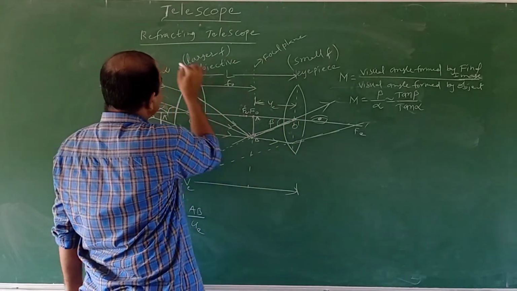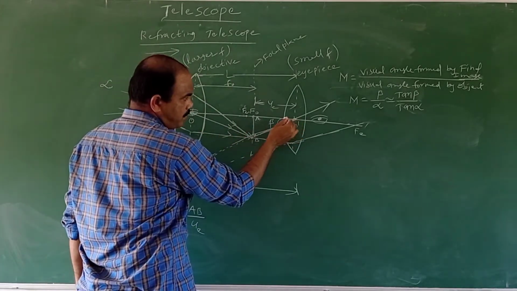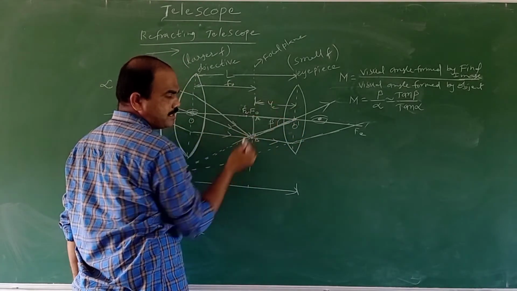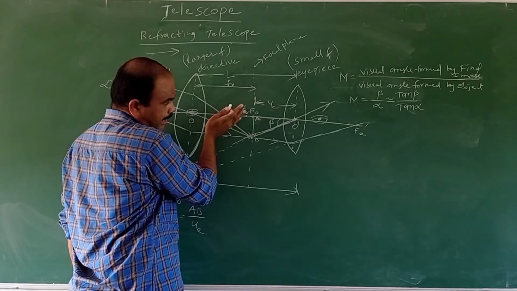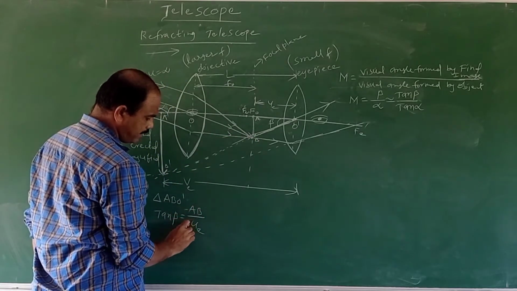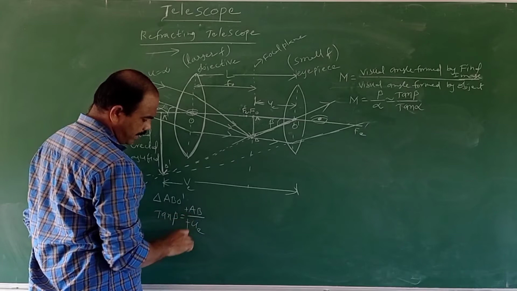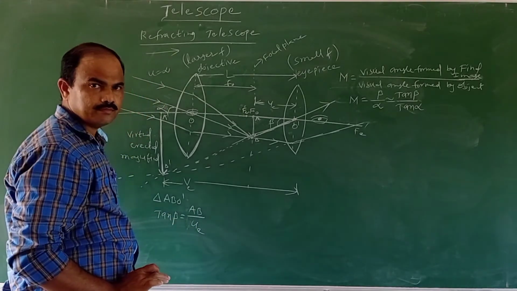This is the incident ray direction, so a distance measured opposite to the direction of light is taken as negative, and the height of the object below the principal axis is also taken as negative. Both are negative, so they cancel and you get a positive. So this is about tan beta.